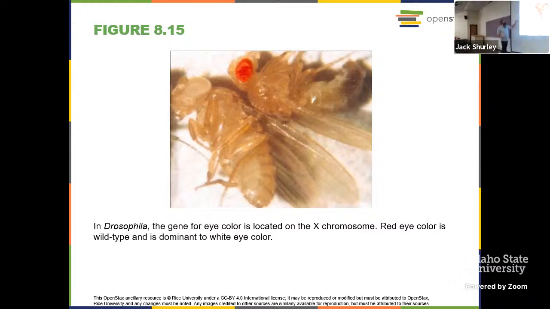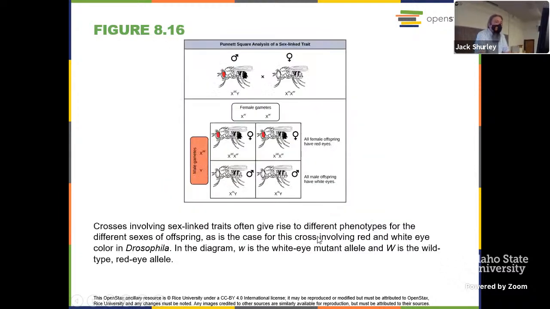In this case, we've got eye color that we're looking at, red versus white. The red eye color is wild type, the natural, normal situation, and it's dominant to the white eye color, the mutated form, if you will. It's on the X chromosome, and with that we think about the potential for sex-linked characteristics.